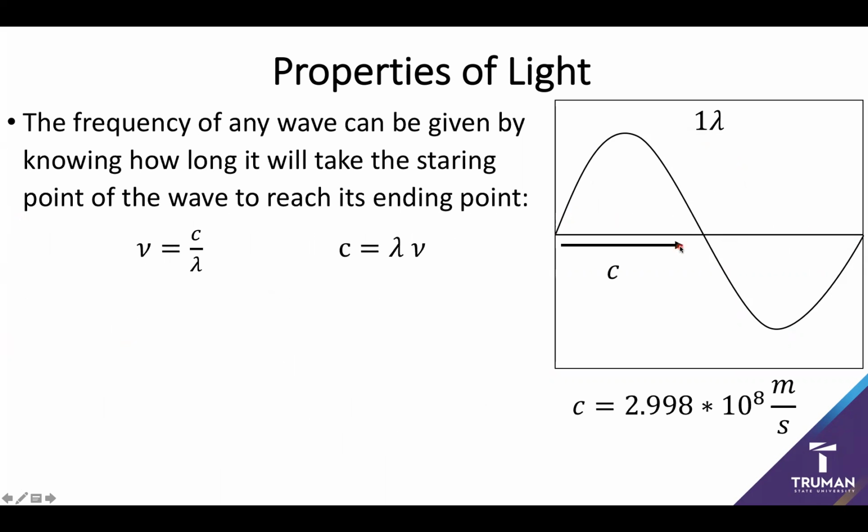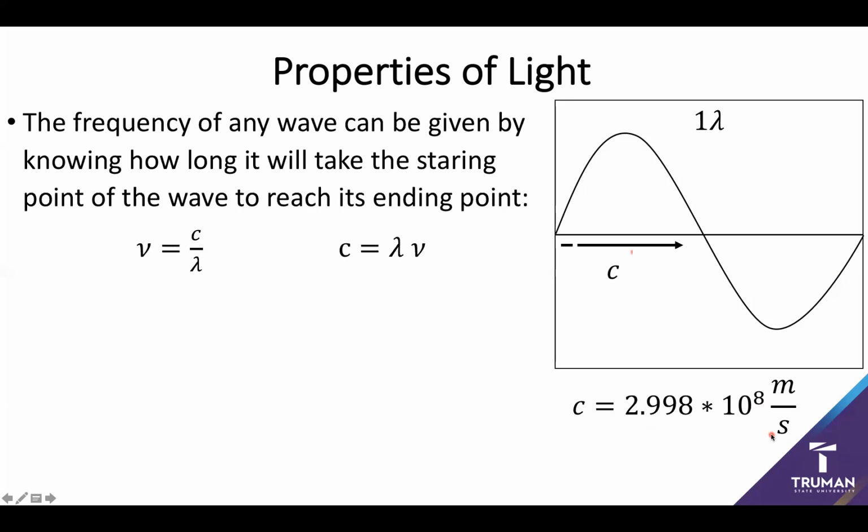What we can do here is make use of some classical physics, in that we can get our frequency by knowing how fast the wave is moving and how far it has to travel. Now, light always moves at the same speed of about 3 times 10 to the 8th meters per second.